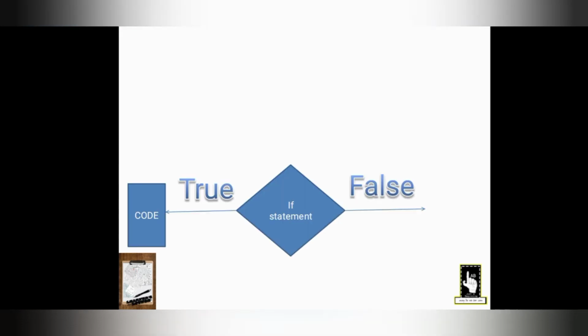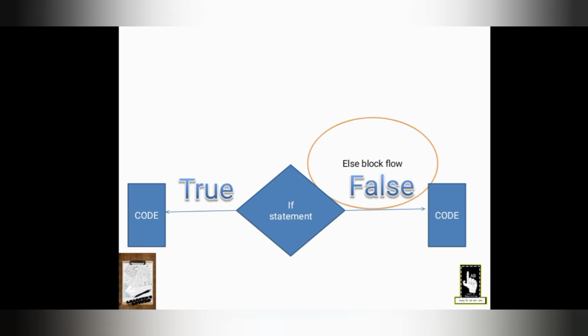Next is the if else statement. If we use the if statement, we will execute the statement block only when an expression is true and exit the block. What if we need to execute a different code for the false condition? Because in an if condition, you can only do the true part. You can't do anything if it is false. So to handle this kind of situation, the if else statement has been introduced.